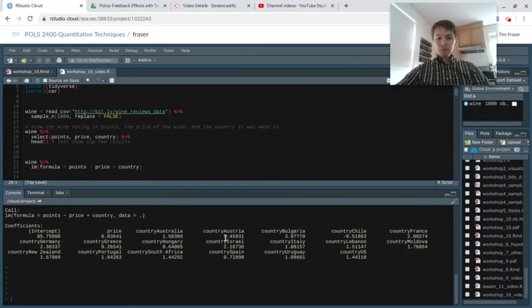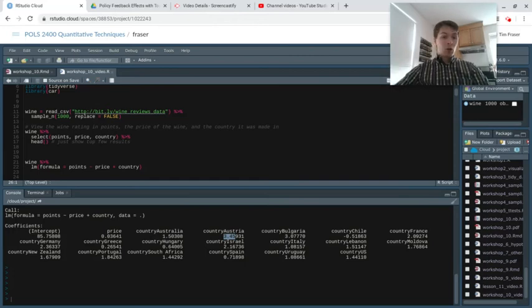But if it's from Austria, we expect it to go up by 3.45 points. And if it's from Bulgaria, 3.07 points, right? And we have this for all of the different categories. It's kind of neat, right?